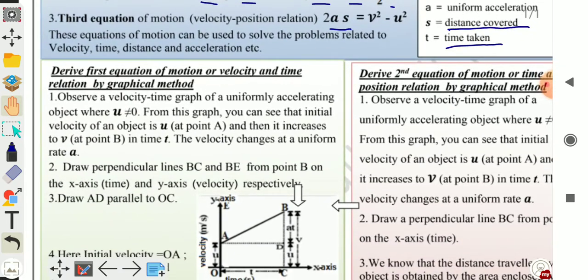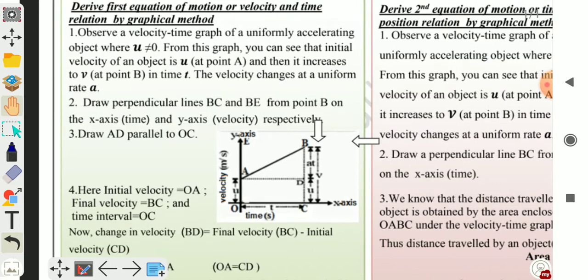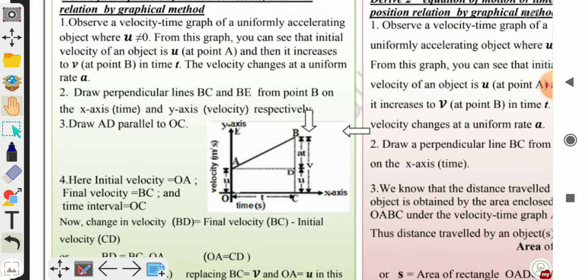the derivation of the first equation of motion, or velocity and time relation, by graphical method. Observe a velocity time graph of a uniformly accelerating object where u is not equal to 0.